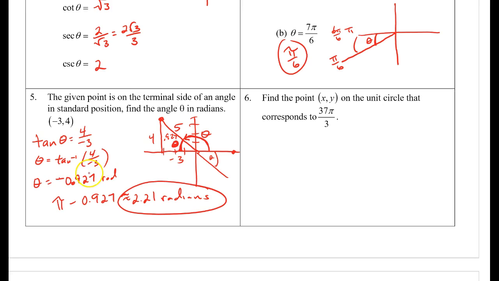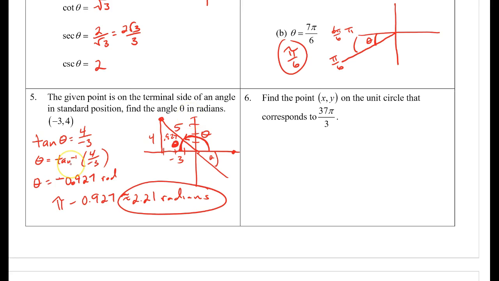Now the reason why we got this weird angle was because we picked tangent. Remember, inverse tangent and inverse sine exist in quadrants 1 and 4 naturally on the calculator. So if we want to ensure we got the correct angle, what we would want to do is instead pick something that exists in quadrants 1 and 2, which would be inverse cosine.